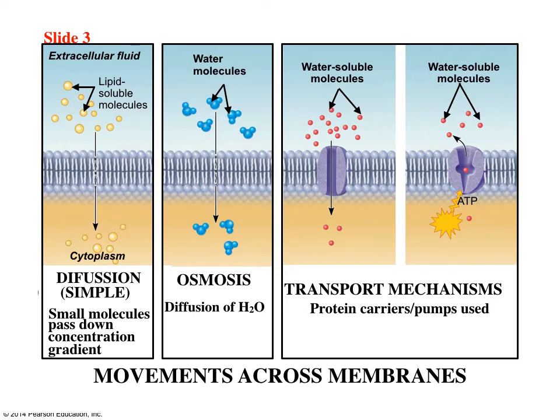We will give the term transport mechanisms to define any movement across a membrane where transport proteins as carriers or pumps are used. Transport mechanisms utilize protein carriers or pumps.